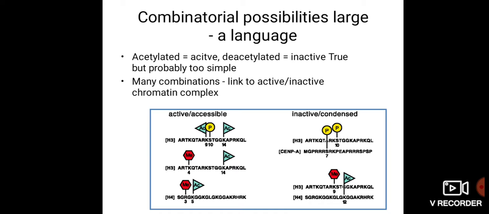When there is deacetylation of histones in the nucleosome, that indicates that part of the chromatin is going to be repressed.